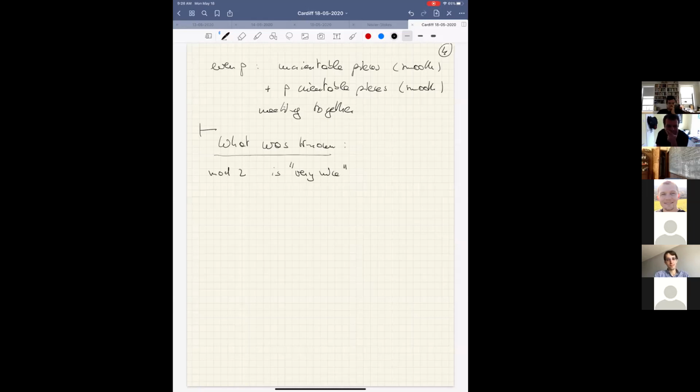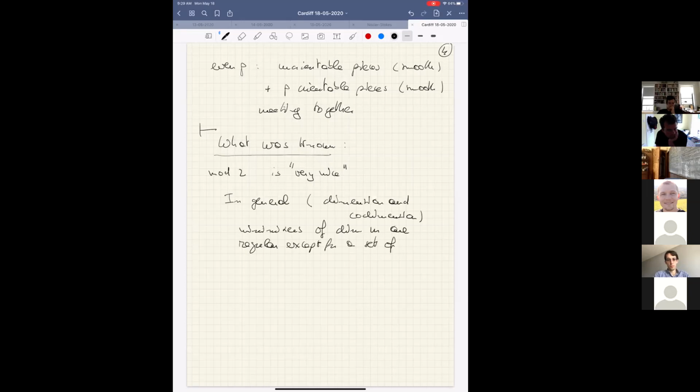So mod 2 is very nice because you actually know that in general, and by general, I mean in all dimension and codimension, minimizers of dimension m are regular except for the set of possible singularities of codimension 2.